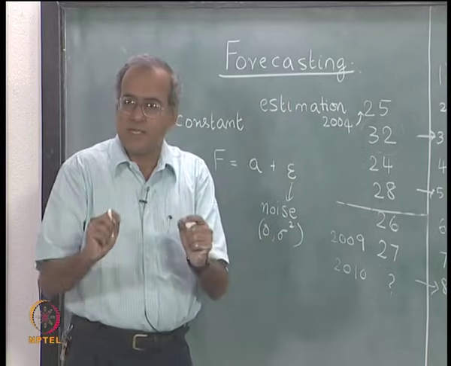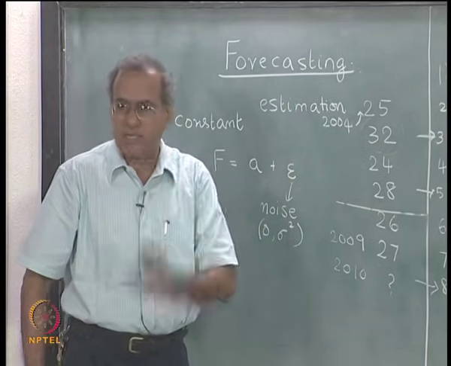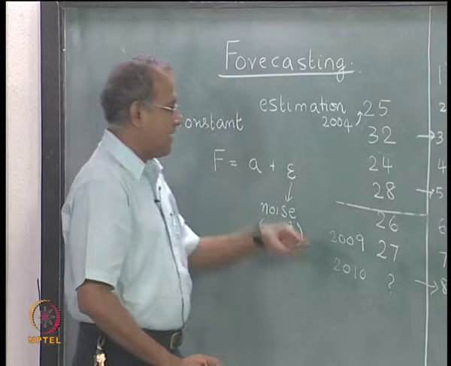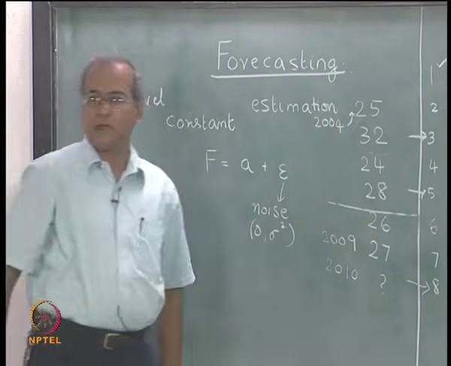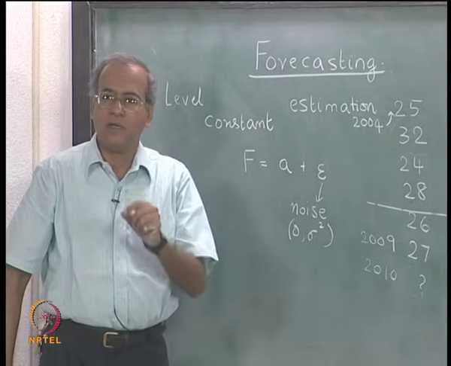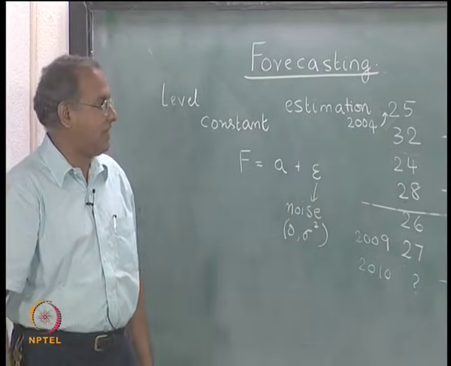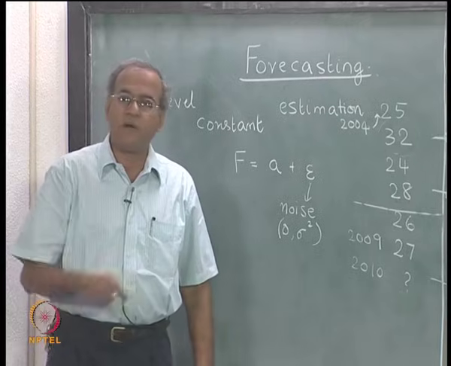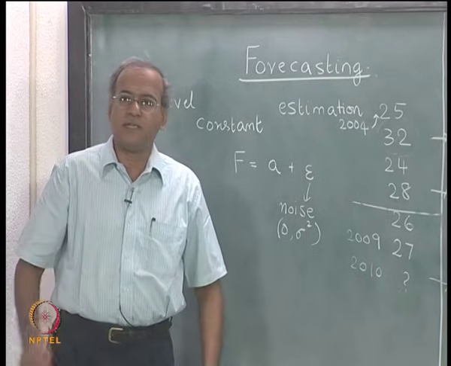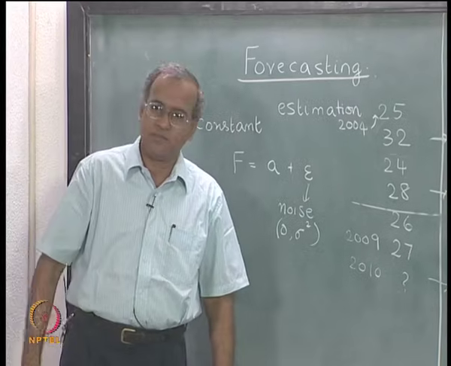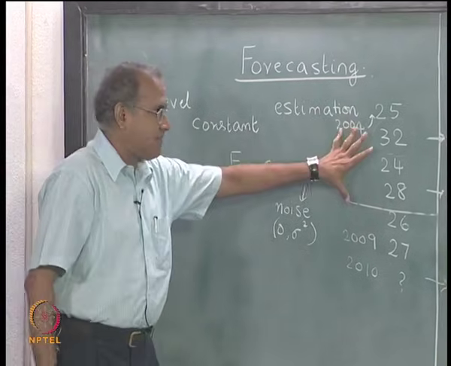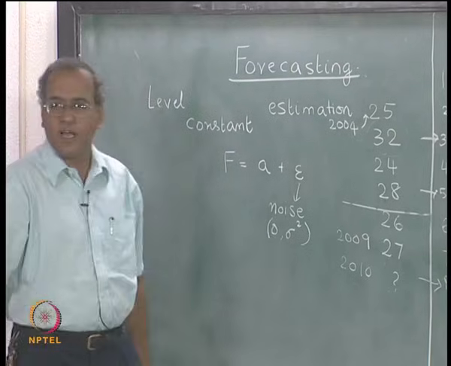And as long as the W's are greater than or equal to 0, we would get an answer which is within the range of 26 and 32. It is also customary to define the W's such that the sum of the W's is 1, so that the denominator is 1 and you do not divide by the sum of the weights. So, a weighted average is as good as a simple average.